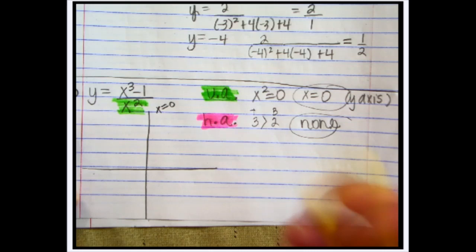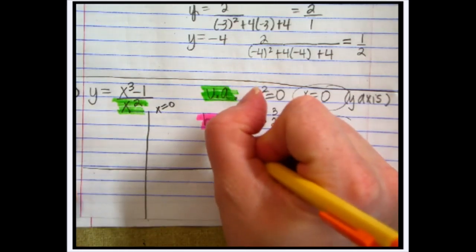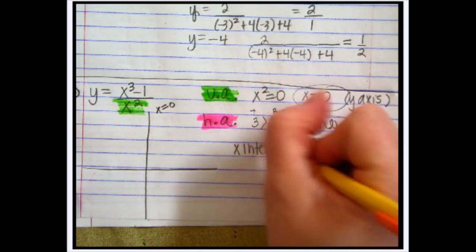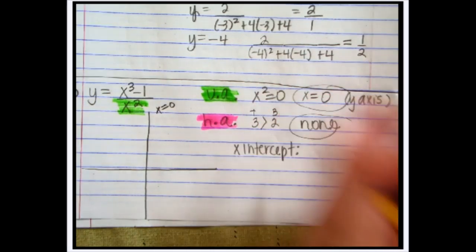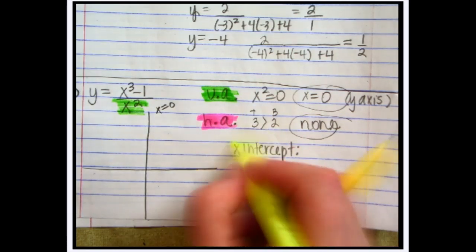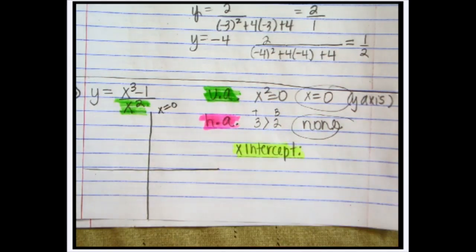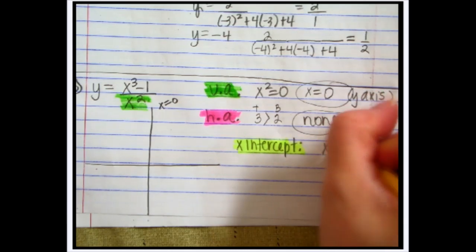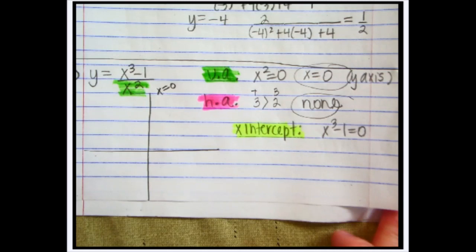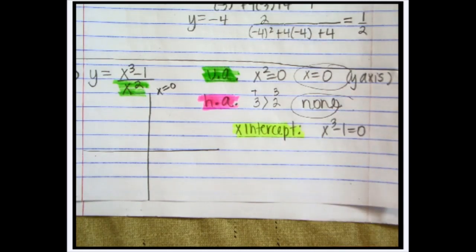Let's go ahead and look at an x-intercept. To get our x-intercept, we plug in 0 for y, or we just set the top equal to 0. So x cubed minus 1 equals 0. Now, if you remember this, we actually need to factor and get 3 answers.